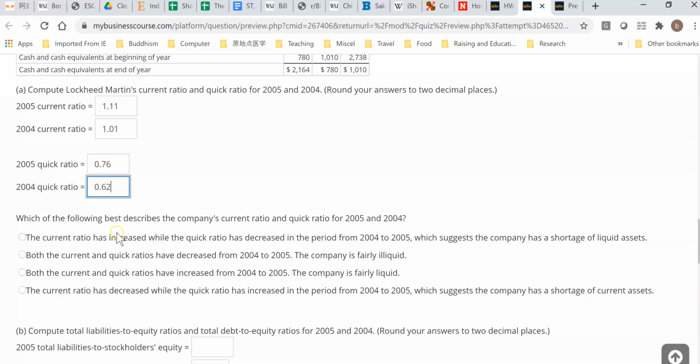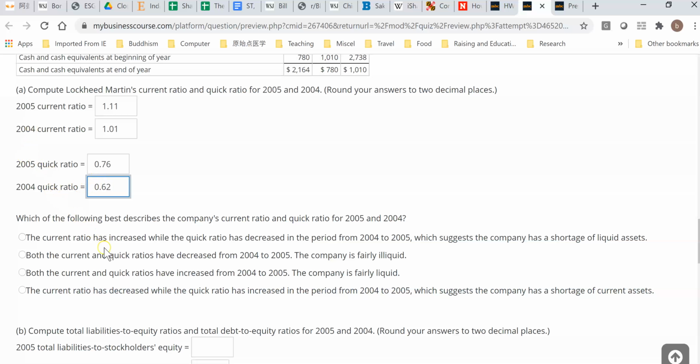Which of the following best describes the company's current ratio and quick ratio for 25 and 24? So if we check these two values, we can see that both the current ratio and the quick ratio have increased from 24 to 2005.